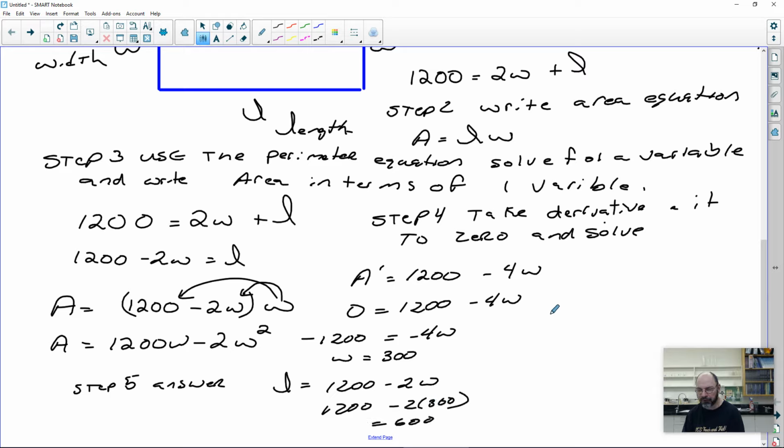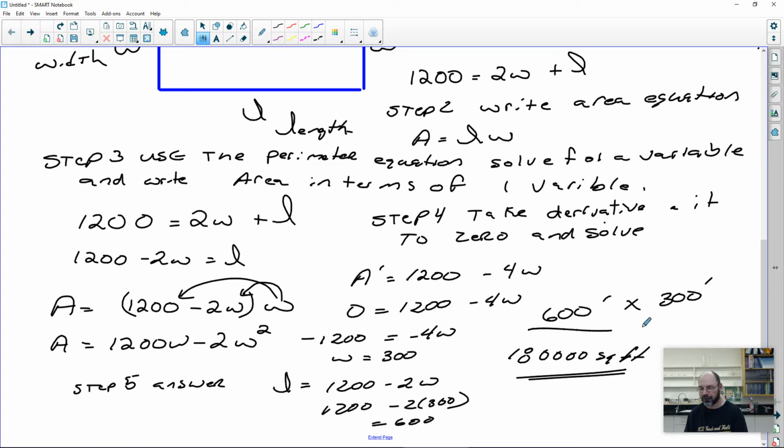So our dimensions were 600 feet by 300 feet. Okay, I think we use feet there. So the length was 600 and the width was 300. So that means we had square feet for our pen. And here's our dimensions.